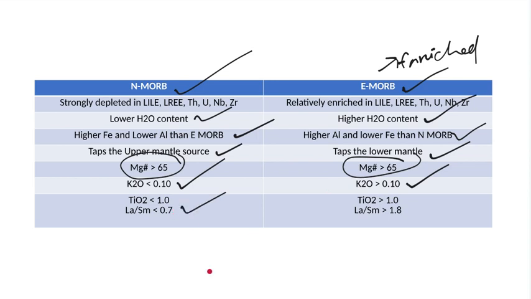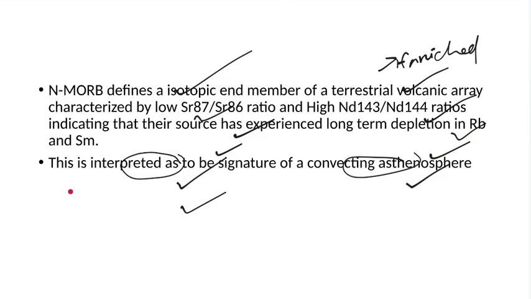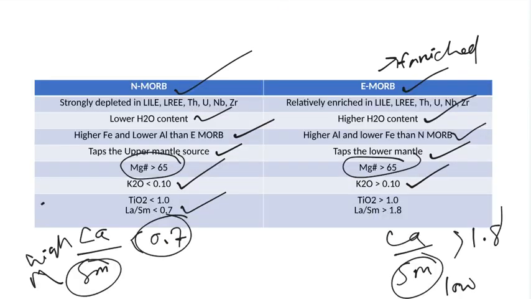Like that, TiO2 and lanthanum by samarium. Can you tell how this lanthanum by samarium ratio is less for N-MORB and greater for E-MORB? It is the samarium content. Why is the samarium content likely low?